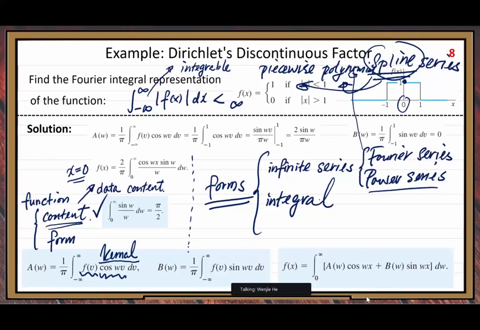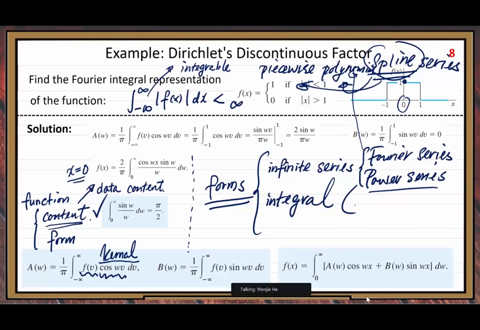And last time I mentioned integral just has some similarity comparing with summation, right?